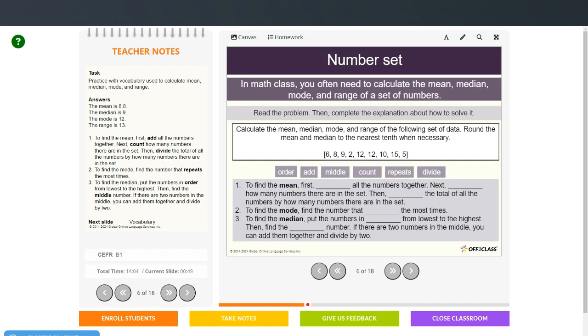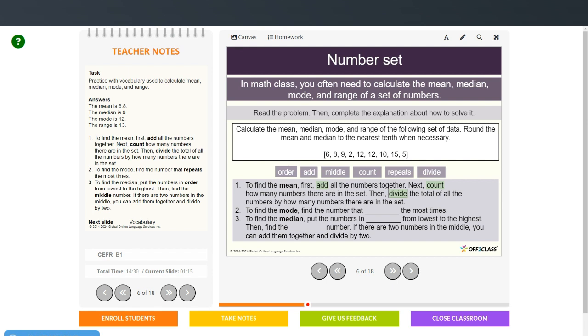All right, so to find the mean, first you add all the numbers together. Next, count how many numbers there are in the set. Then divide the total of all the numbers by how many numbers are in the set.